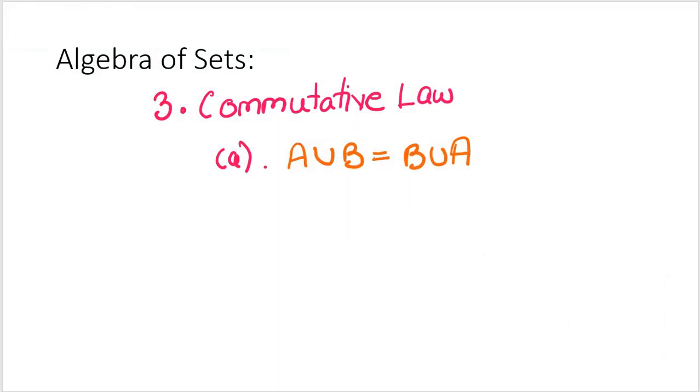Similarly, this was for union, so obviously I'm going to have the similar kind of law for intersection. So I have A intersection B, which is equal to B intersection A.